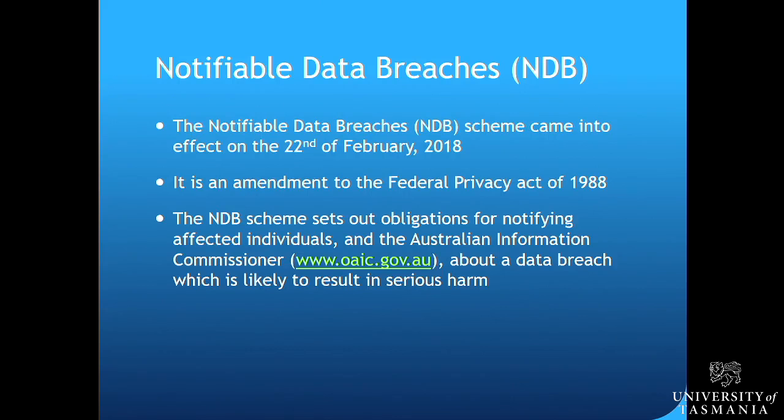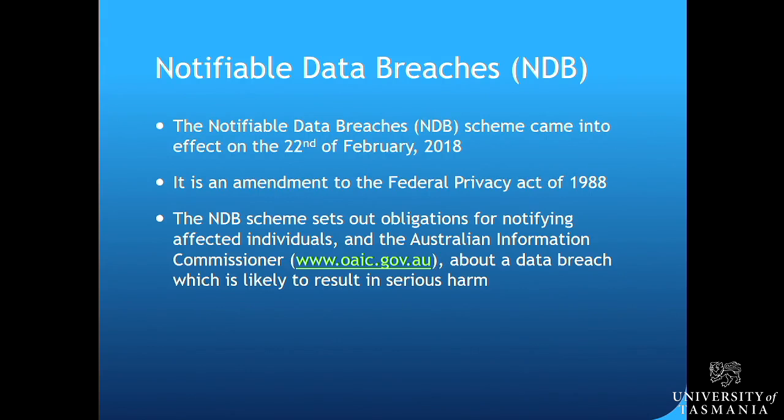Now, this underreporting is actually a bit of a problem, and in response, legislation has been put in place to basically force reporting to occur. That's just what recently happened in Australia. The notifiable data breach scheme came into effect on the 22nd of February this year.